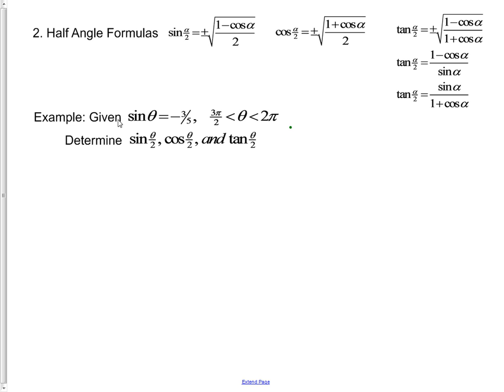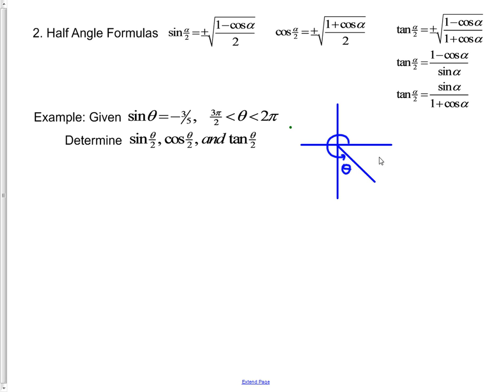We're told in this example that the sine of the angle theta is negative 3/5, where the angle theta is between 3 pi over 2 and 2 pi. So there's this angle in the plane, and theta is given to be an angle somewhere here in the fourth quadrant, in standard position.